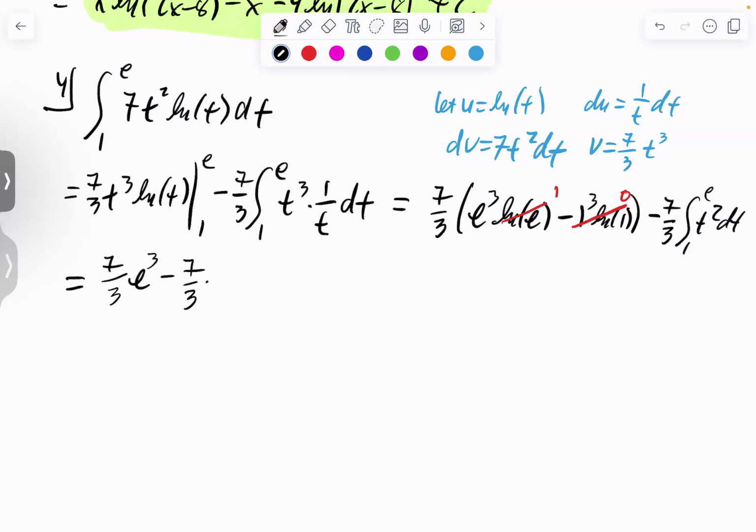And this becomes 1/3 t to the third from 1 to e. So this gives us 7/3 e to the third minus 7/9 e to the third minus 1 to the third, which is just 1. And I guess we should clean that up a little.